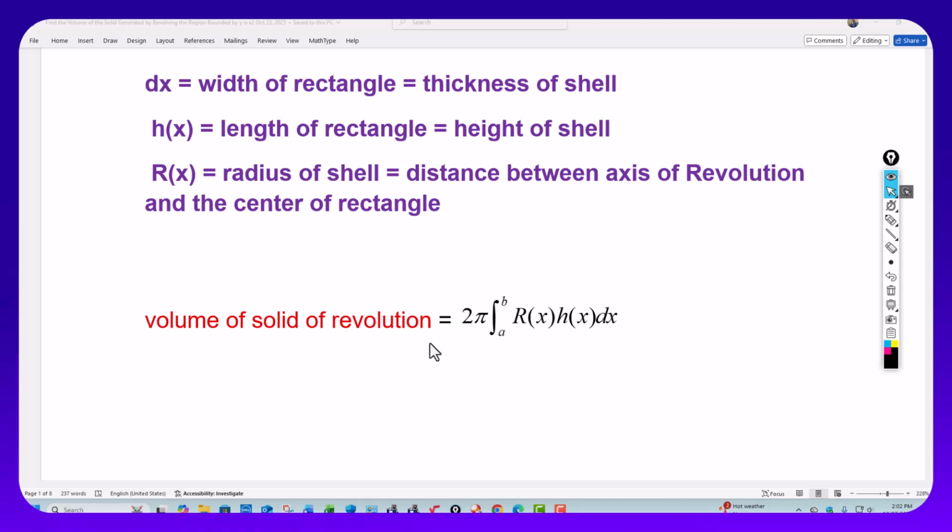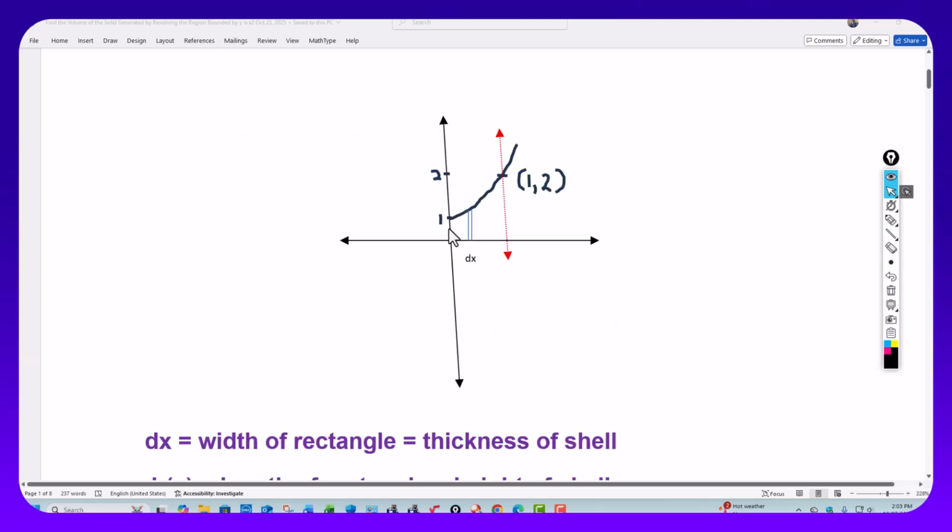Volume of solid of revolution. Again, it's based on the volume of a shell, which is 2 pi, the radius as described here, the height as described here, times the thickness of the shell, or the width of the rectangle, which is dx. So we said the radius is x.